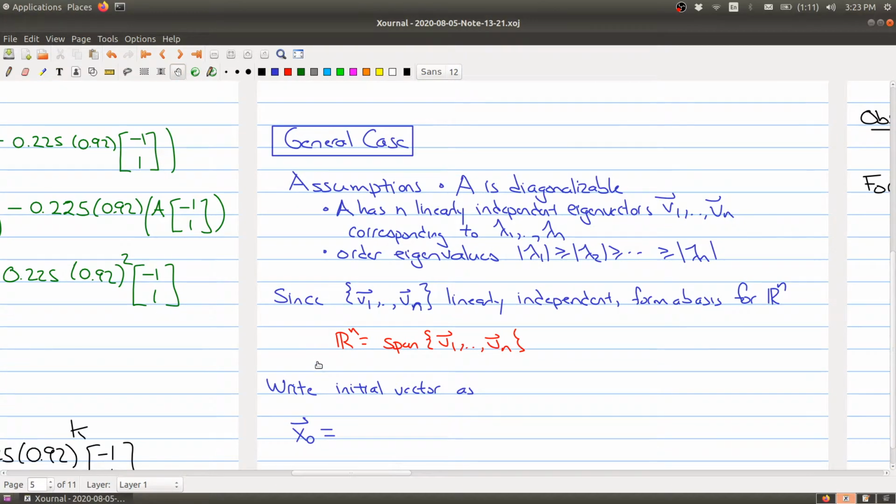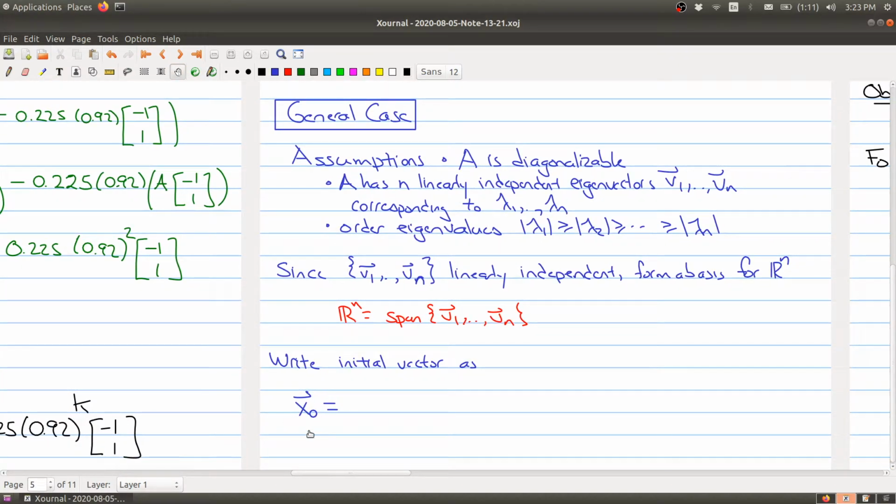Now, what that means is that we can take any initial vector of our system and rewrite it in terms of our basis in the following way: c1 times the first vector plus c2 times our second vector, v2, and so on, up to cn times our last vector, vn.